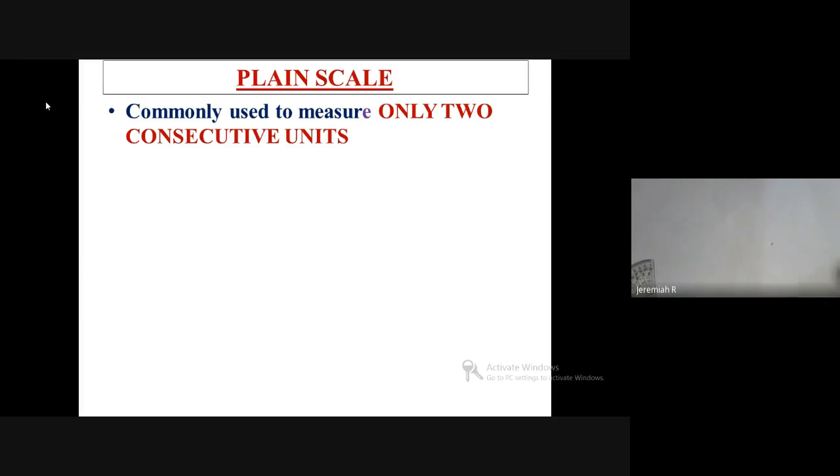Take 15.2: after the point, only one decimal. 15.28 has 2 decimals after the point. So plane scale measures 2 consecutive units but a single fraction. Diagonal scale measures 3 consecutive units and 2 decimals. Vernier scale measures 2 consecutive units and 2 decimals.